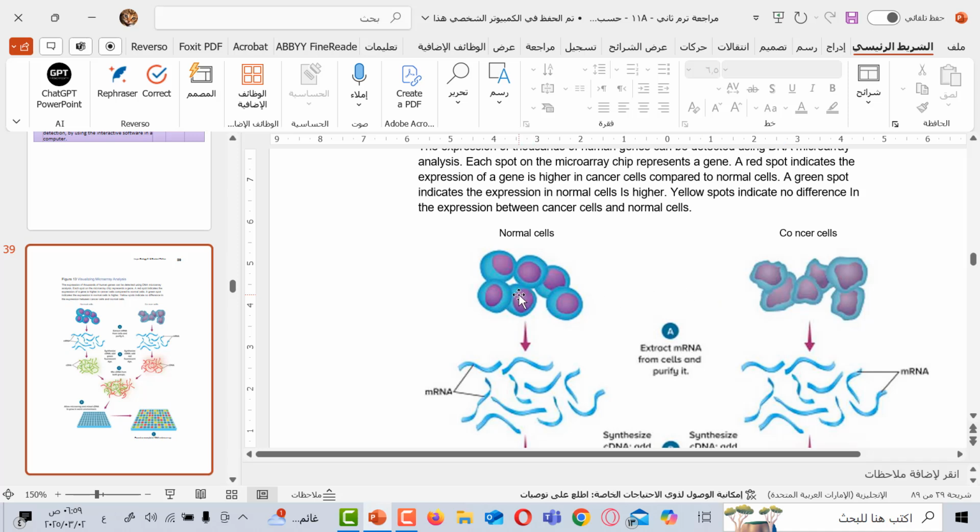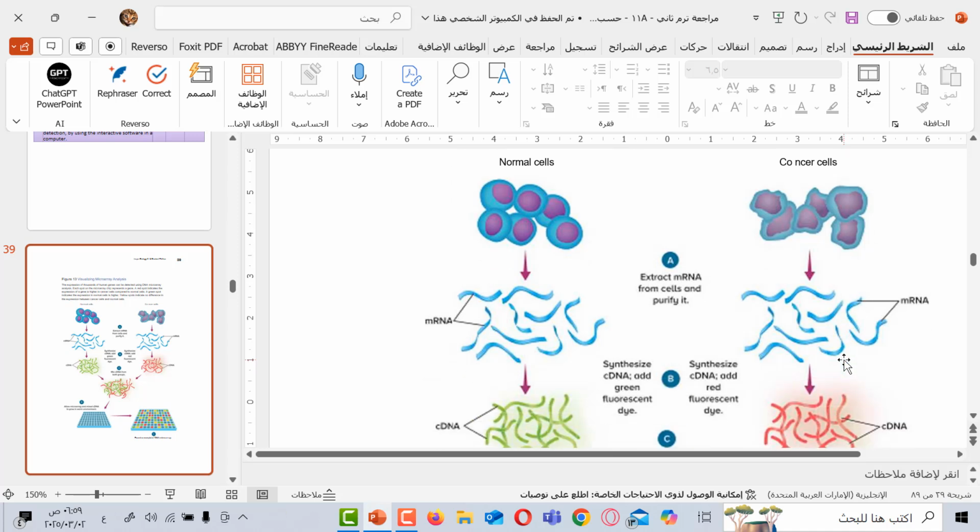Then they use a restriction enzyme to cut it into fragments, and after that they extract the mRNA from it. After that they use the reverse transcriptase enzyme to make DNA from RNA.